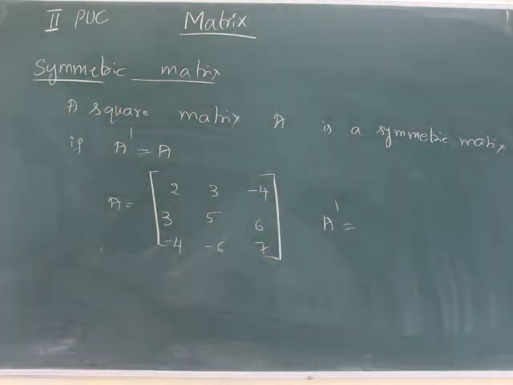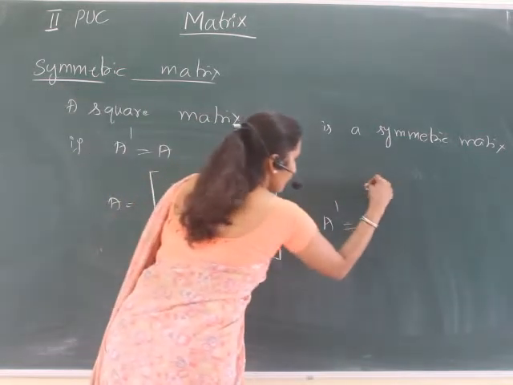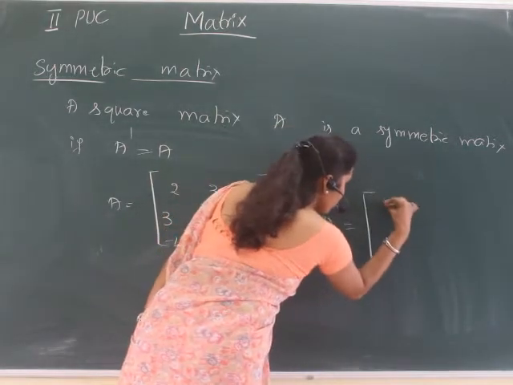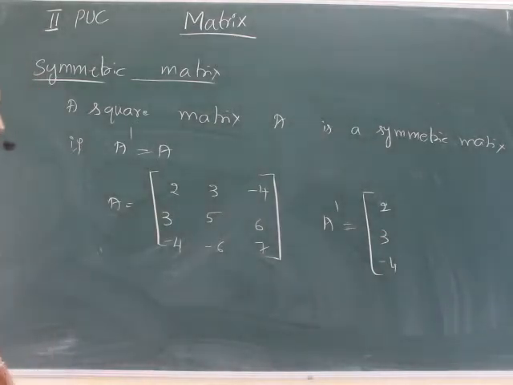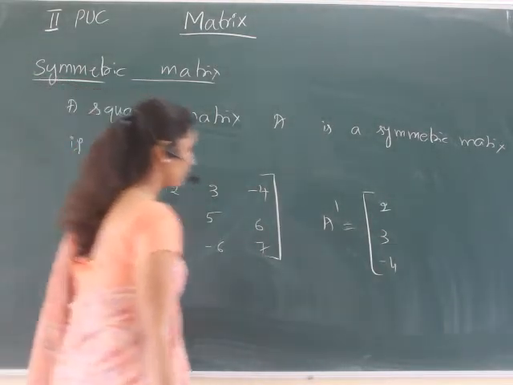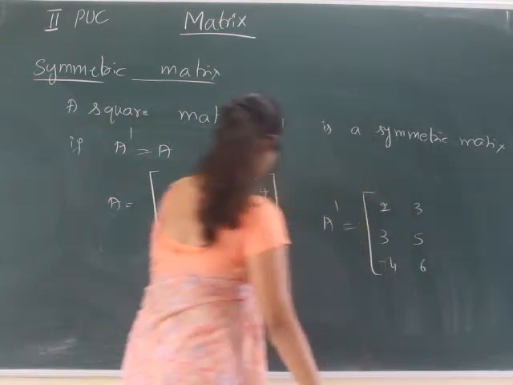We know that A transpose is obtained by interchanging rows and columns of a given matrix. So if I take the transpose of the matrix, what do we get? The first row becomes the first column: 2, 3, minus 4. The second row becomes the second column: 3, 5, 6.